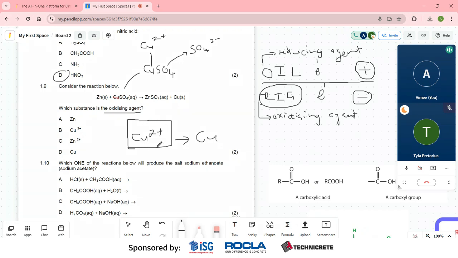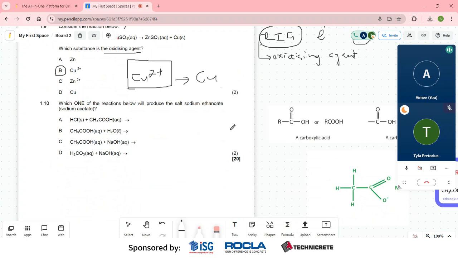It's not the version of copper that actually underwent reduction. The version of copper that actually undergoes reduction is Cu2 positive, because it's this version that then gains 2 electrons to become a neutral Cu solid. So our answer here is B. So Cu2 positive is our oxidizing agent.